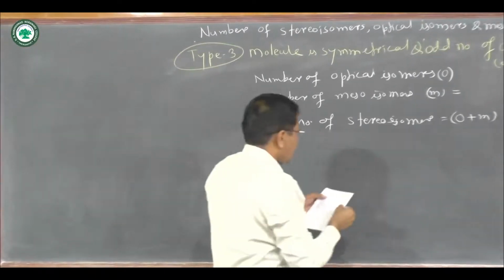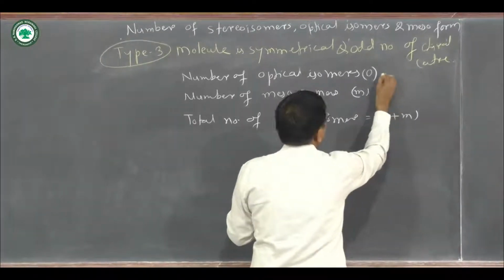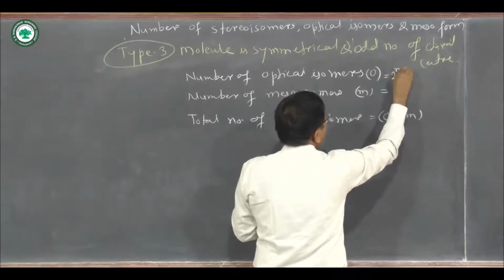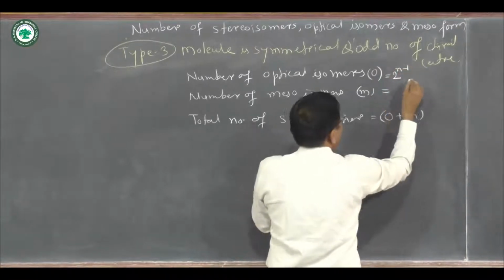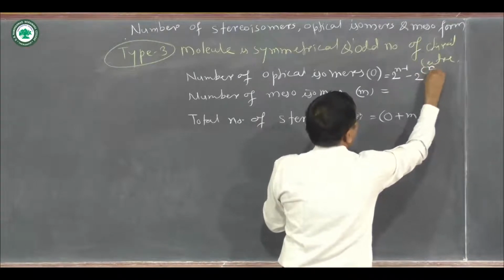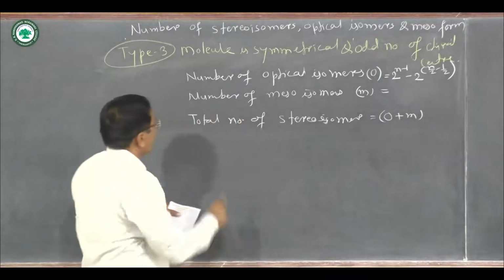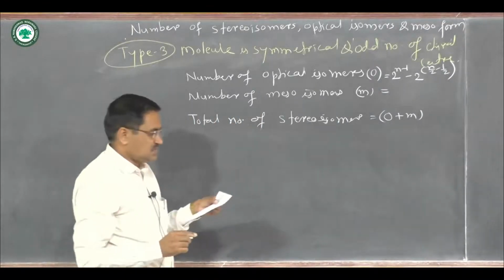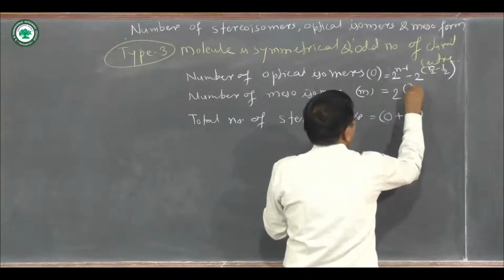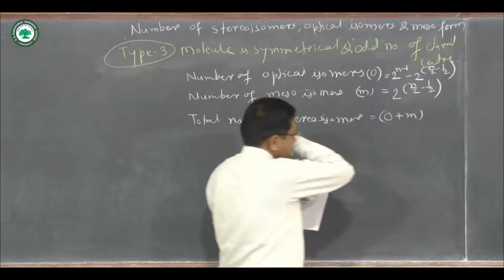Then the formula is: the number of optical isomers is 2 to the power n minus 1 minus 2 to the power (n minus 1 by 2), and the number of meso isomers m is 2 to the power (n minus 1 by 2).